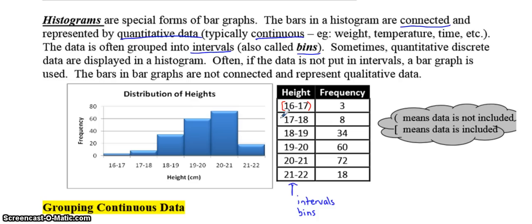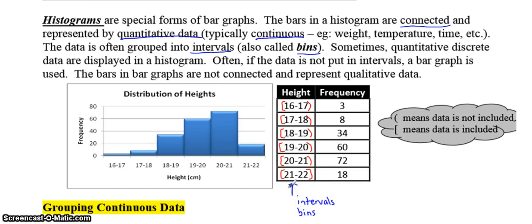So 17 is included in this interval, but 18 is not. 18 is included in this interval, but 19 is not. 19 is in this interval, but not 20. This one has 20, but not 21. And in the last one, this one's got 21, but it also has 22, because you have to have somewhere to put the 22.